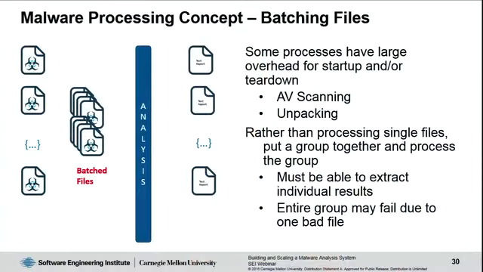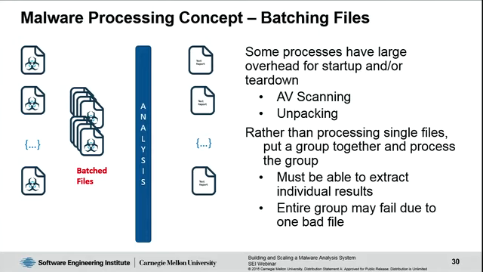One of the things with malware is that there are a number of processes where the time to set up a VM to run the malware in is too big compared to how long it actually takes to run it. It might take a fraction of a second to run, but several seconds to load up.